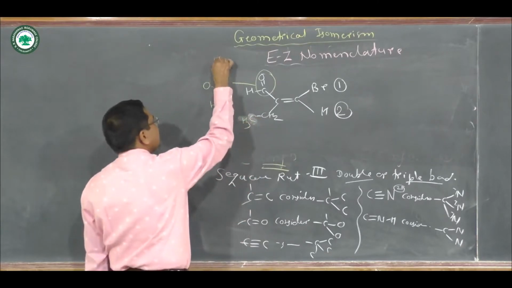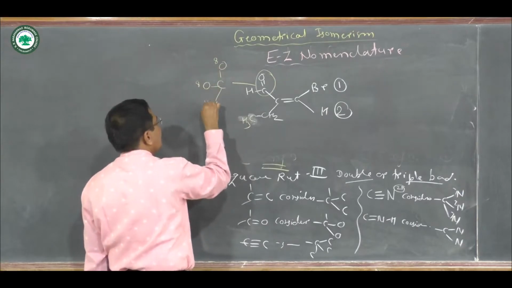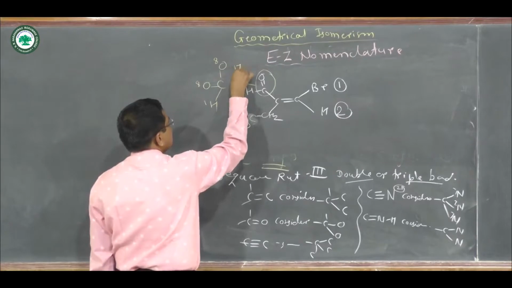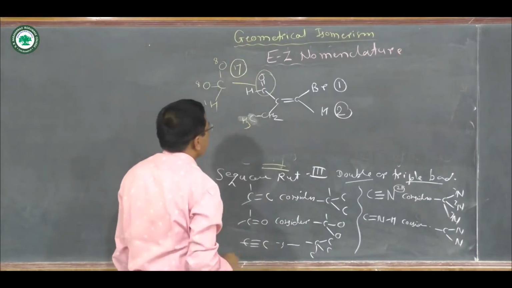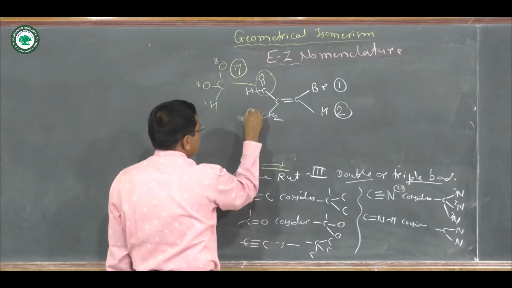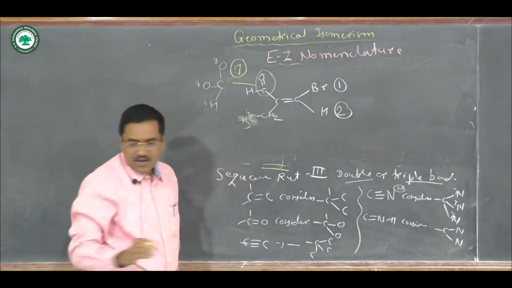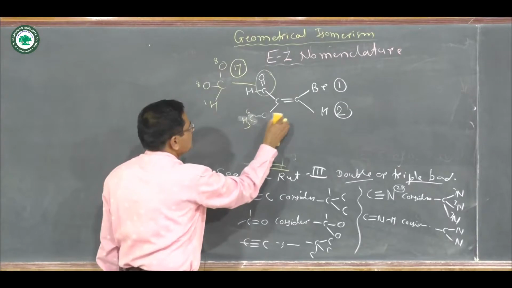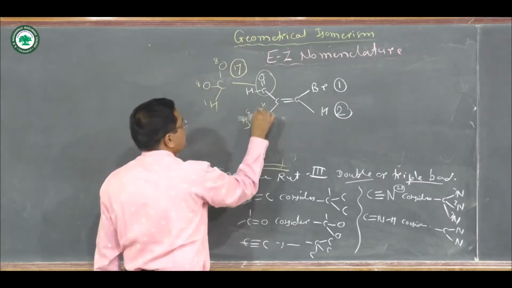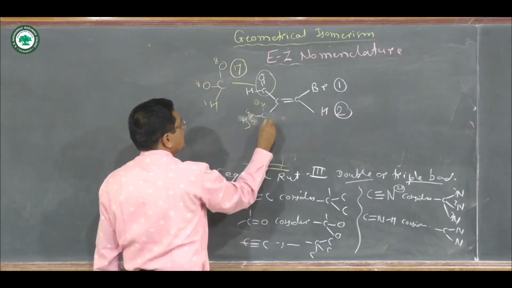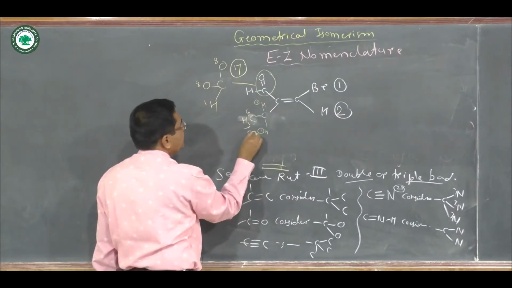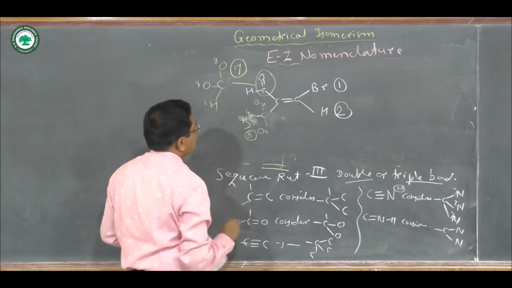So here 8 and 1, so the total atomic number is 17, and in this case 6, and for these two hydrogens 1 and 1, so this is only 8.